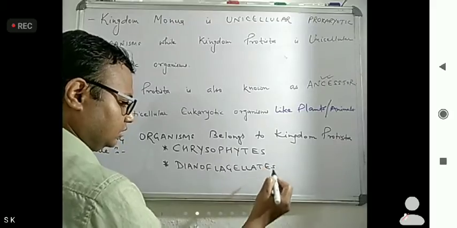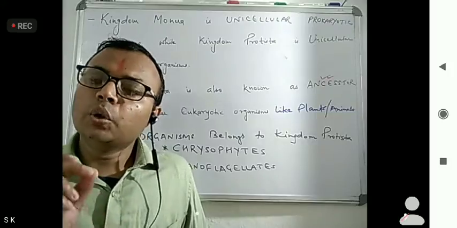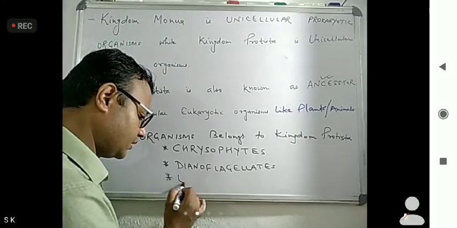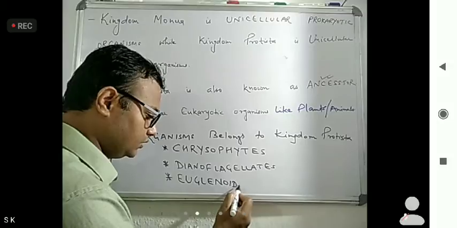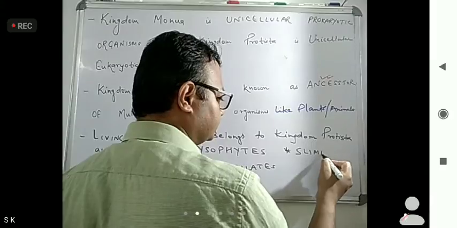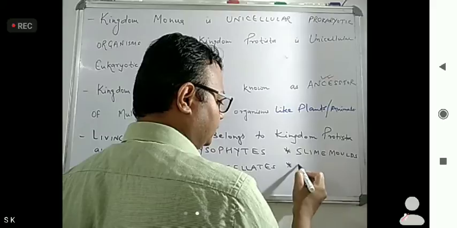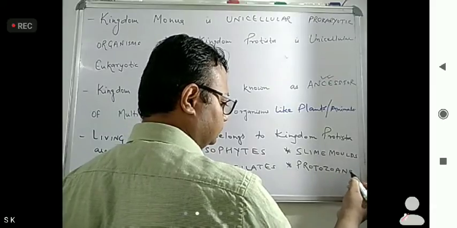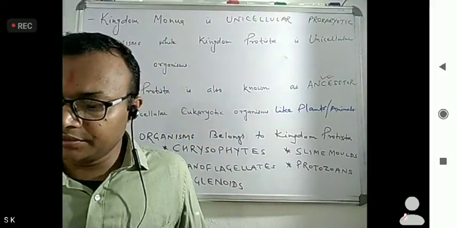One is euglenoids, one is slime molds, and one is protozoans. Okay, so these are the groups that come under Kingdom Protista.